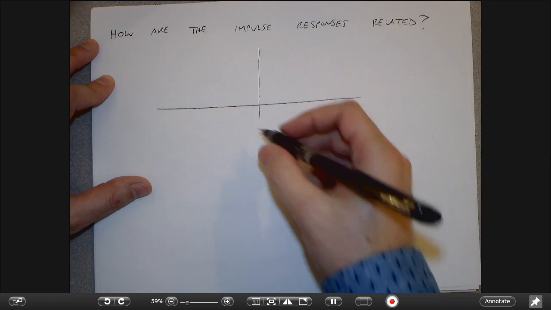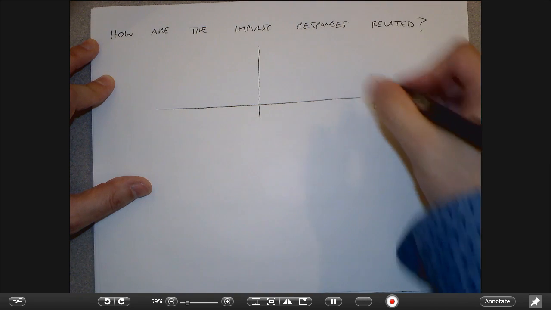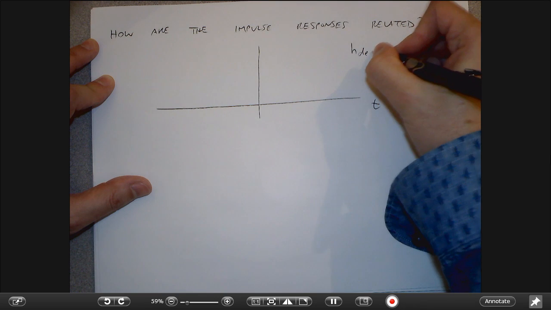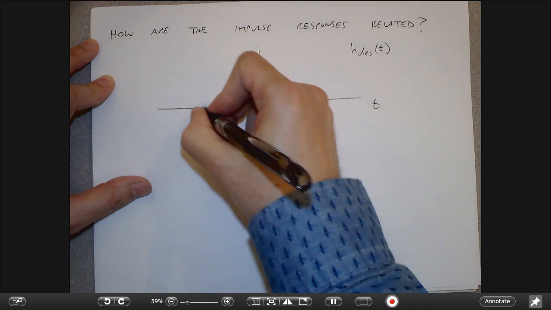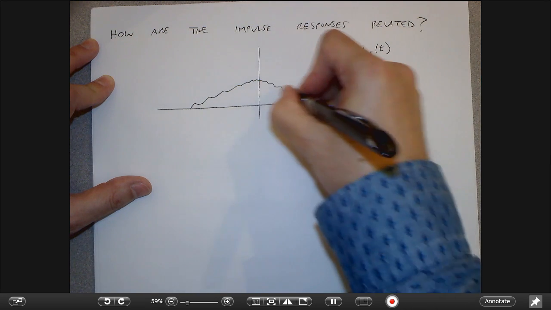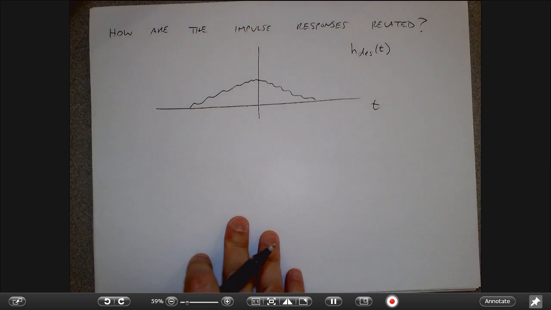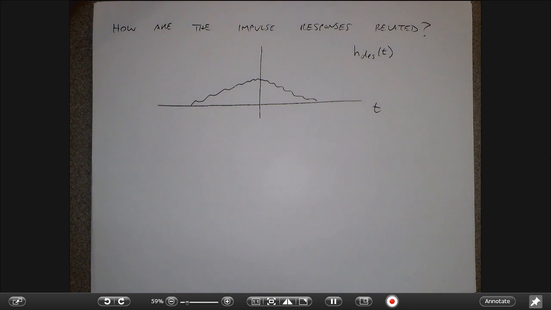The idea is that if I have a time domain desired impulse response that looks like this. Again, since we're in continuous time, this is a continuous function, right?